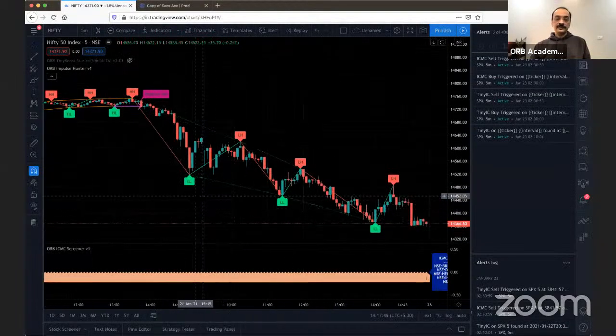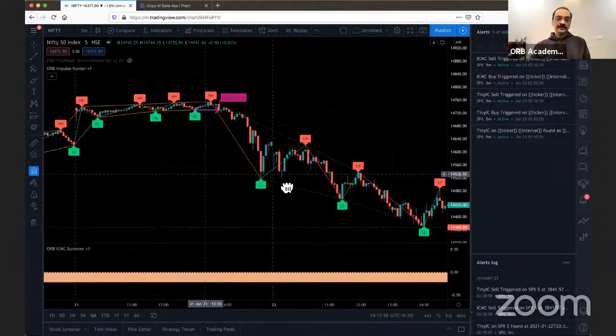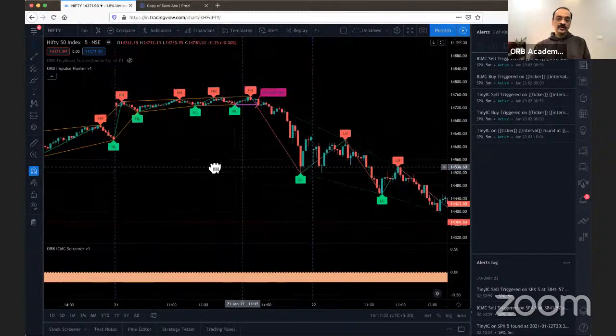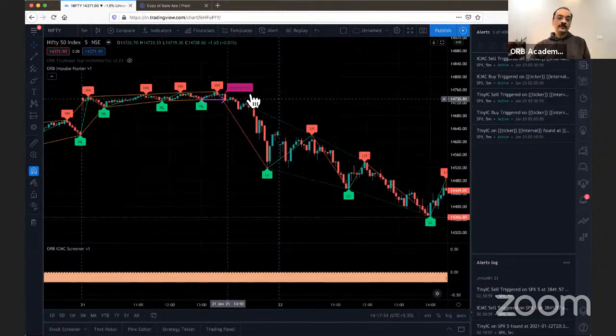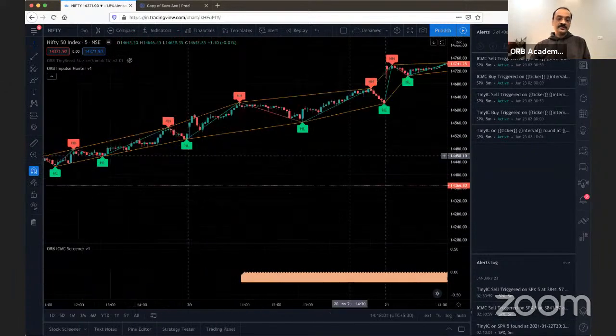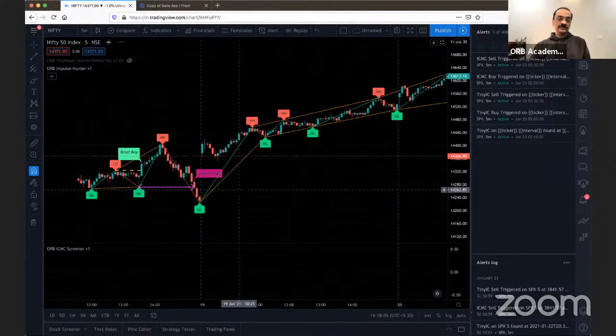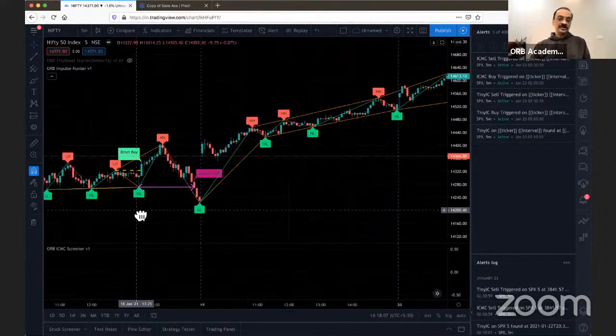Yeah. So you see, this is the 5-minute chart of Nifty, and there are not too many signals. There's one sell which has happened, a fantastic sell, which happened on the 21st, and it's still continuing. Even if you go to the buys, you'll not get too many, because I've attached it to the zigzag conditions.